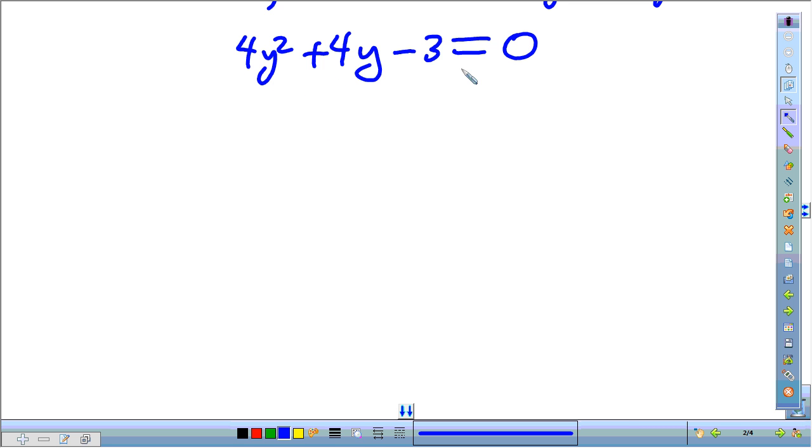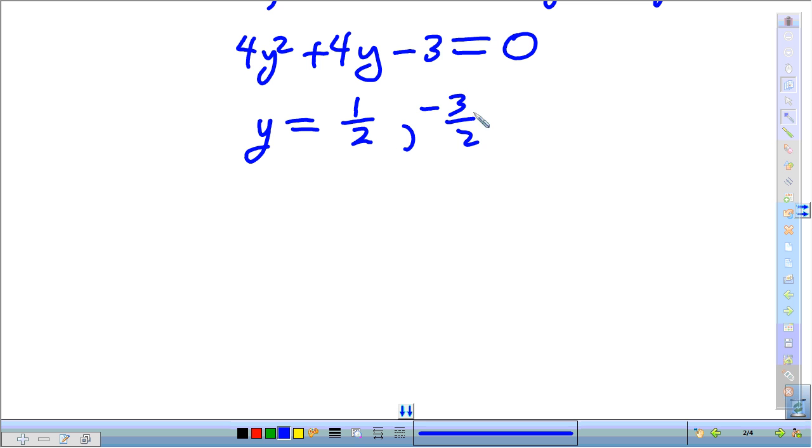But we looked at solving any quadratic, so we could use the quadratic formula, we could factor, and in either case we would find that there are two solutions, 1/2 and minus 3/2.